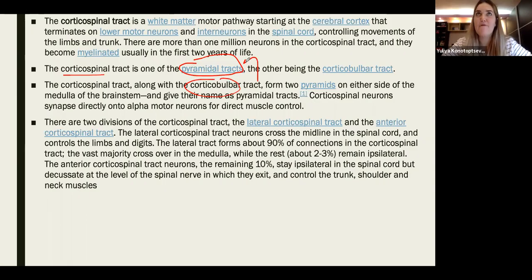Pyramidal tracts are voluntary. They're the ones that control skeletal muscle voluntarily. Why do we call them pyramidal? Because they form two pyramids on either side of the medulla. The way they pass, it's like they're forming two pyramids. So that's why they call it pyramidal tracts.